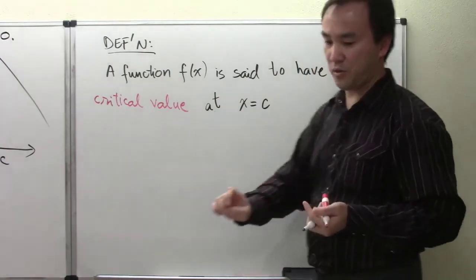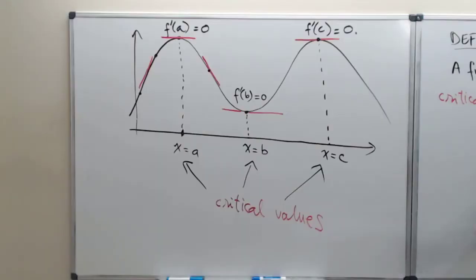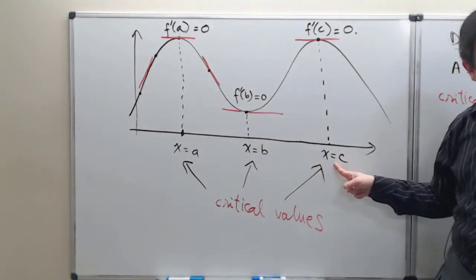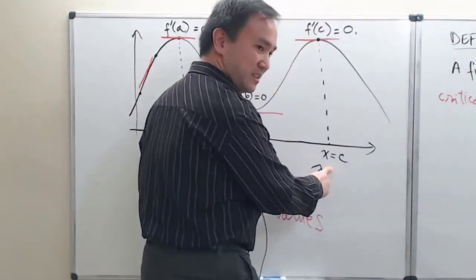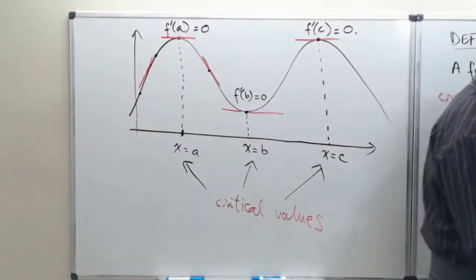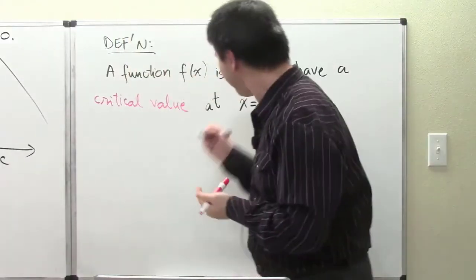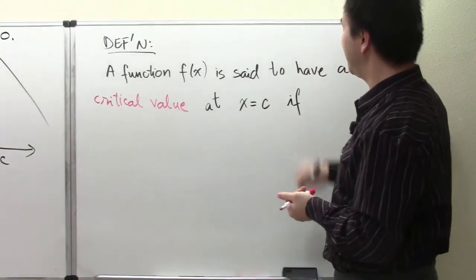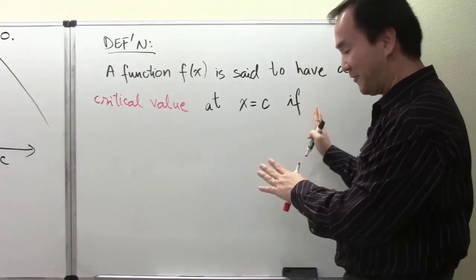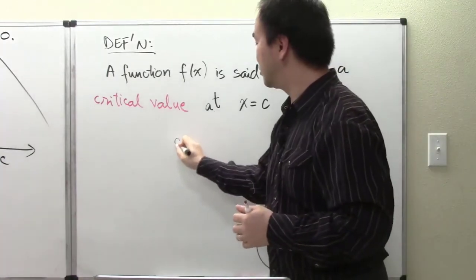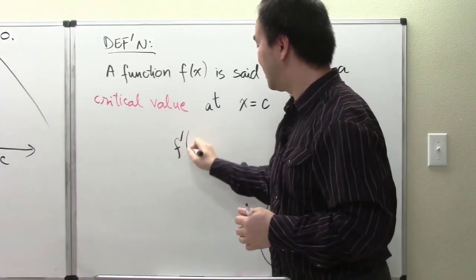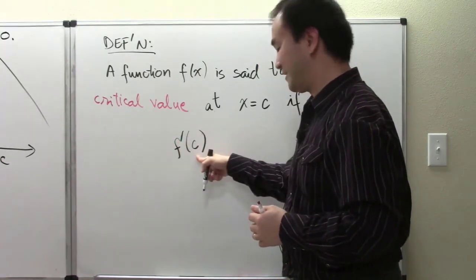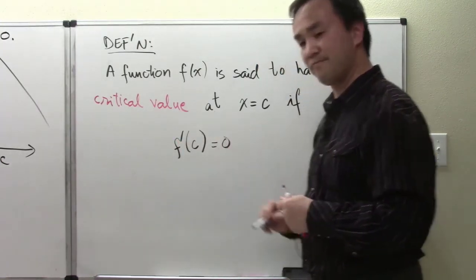Quickly swinging back to the other board: if we say this function has a critical value at this point, that means, as I'm saying in our formal definition, that the derivative of the function, f prime at c, equals 0.